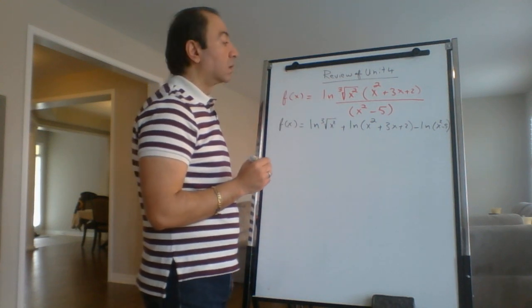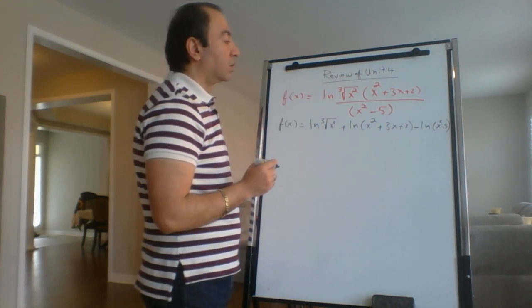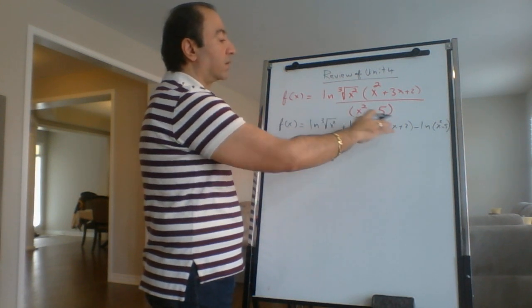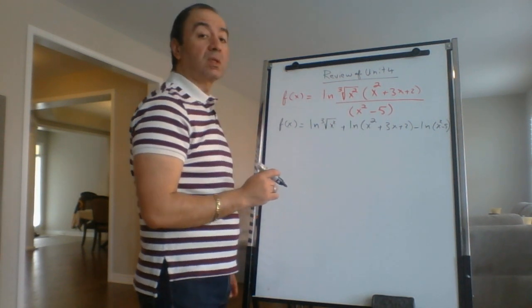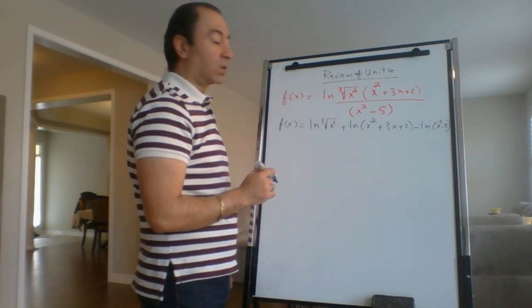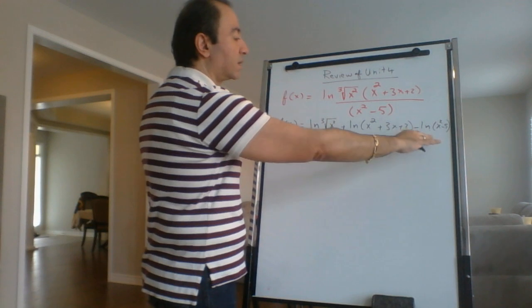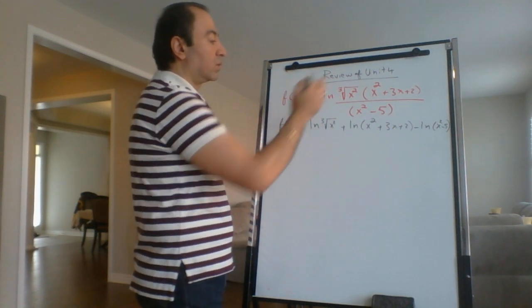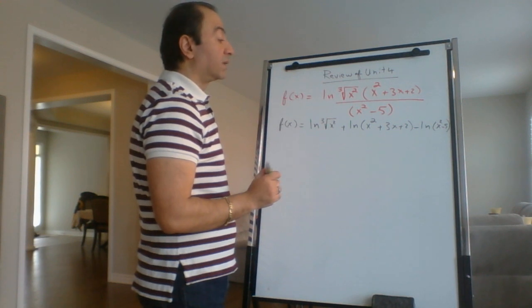Okay, I just used the product and the quotient rule to separate those logs and ln's. Now we have 3 ln's added and subtracted, and this will be easier to find the derivative.